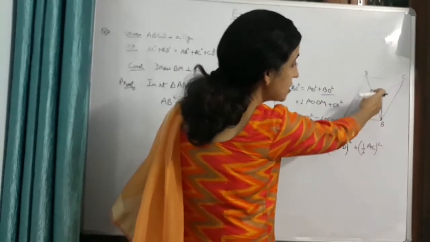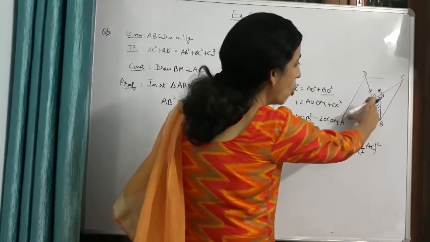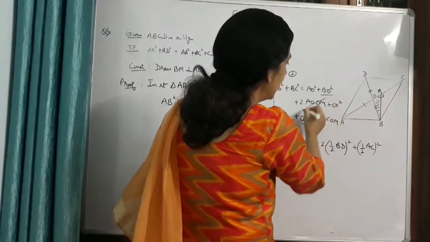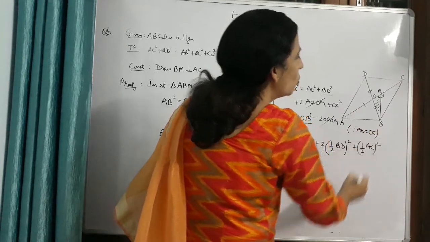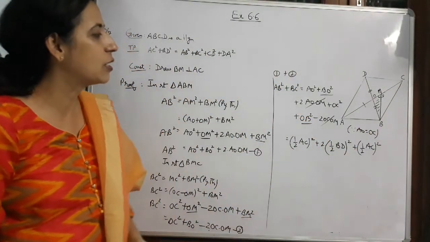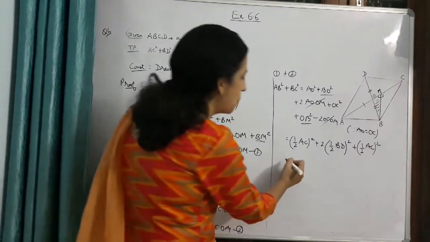But we know that O is the midpoint of AC, so AO is equal to OC. So these two terms will get cancelled since AO is equal to OC. Now we simplify this.